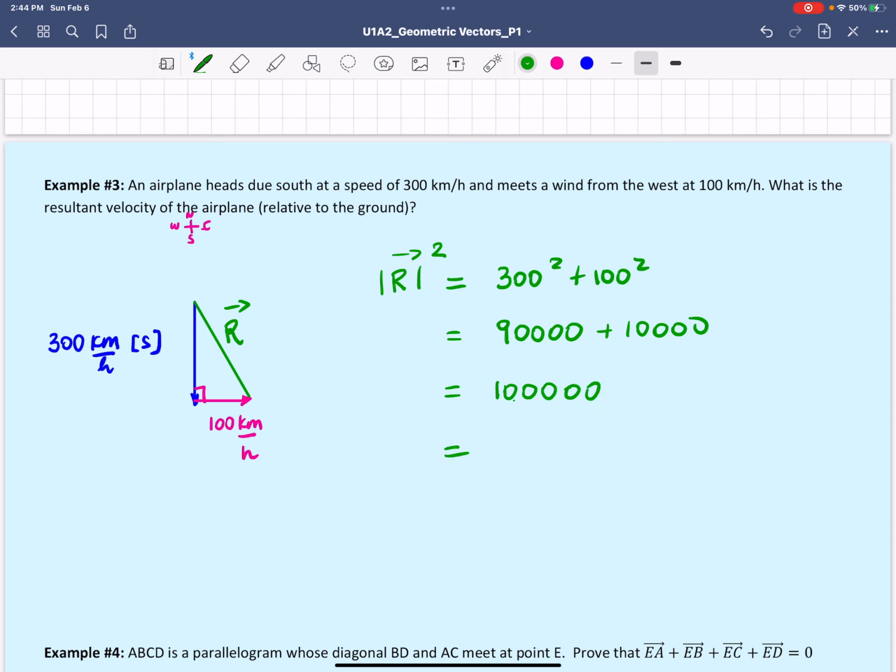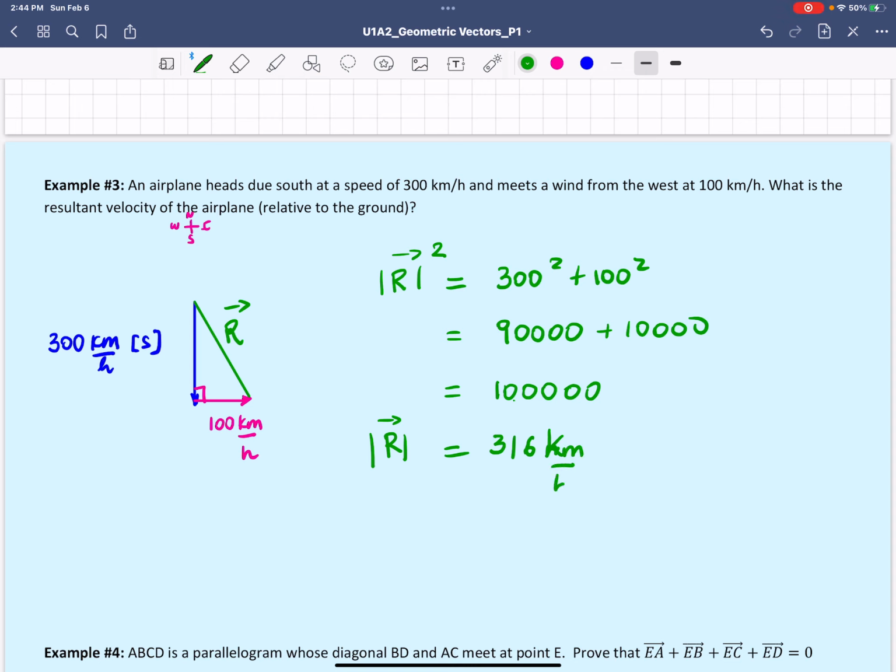And the resultant velocity, the magnitude of it, would be the square root of 100,000, because we have 90 plus 10 in here. So the square root of 100,000 equals 316. So the resultant velocity will be 316 kilometers an hour.